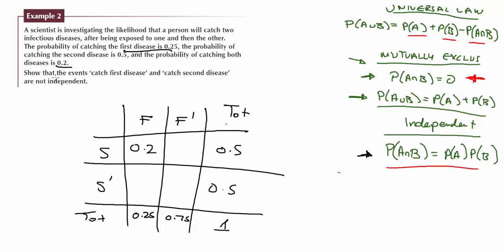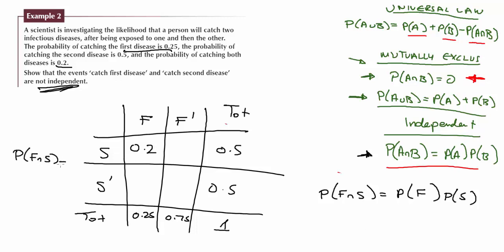So it says show that they're not independent. If they were independent, the probability of F and S would have to equal that, but we're expecting that it won't. We already know that the probability of F and S equals 0.2. We've been given that. Actually, we don't need a two-way table for this.